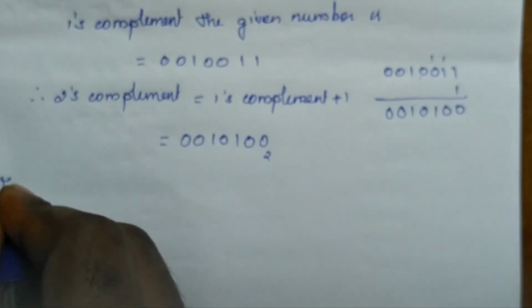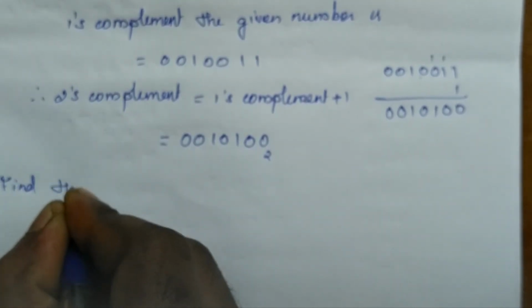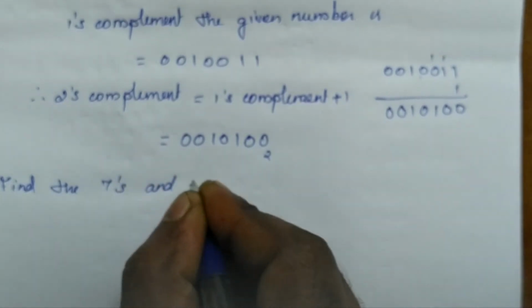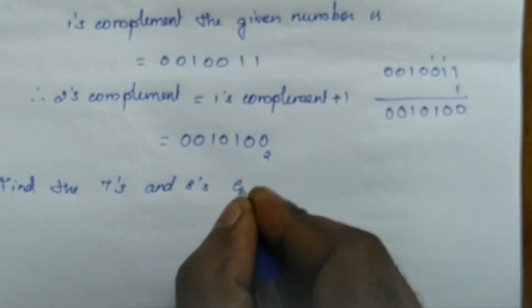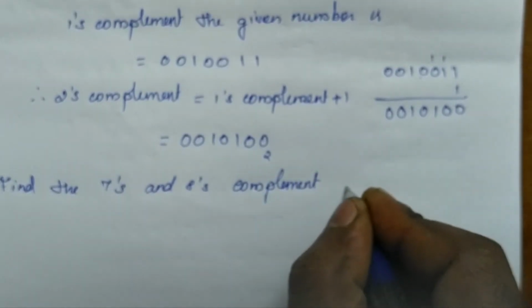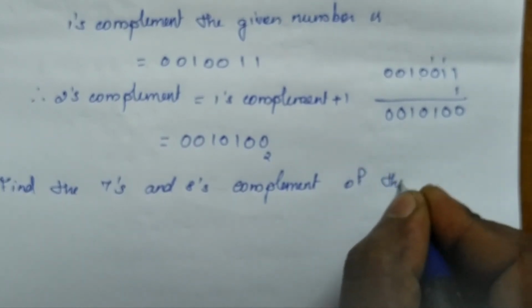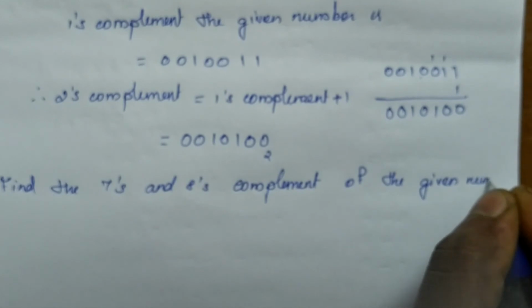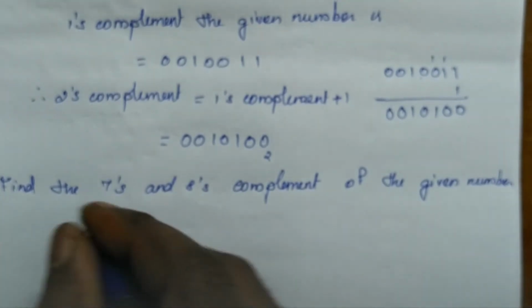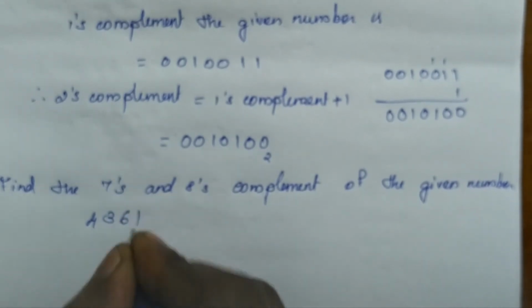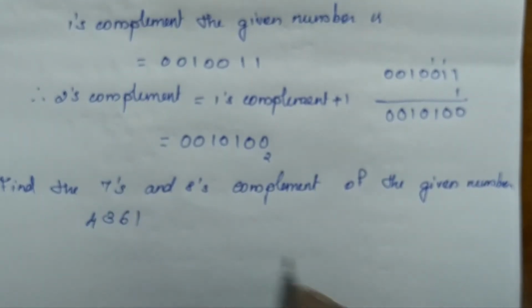Find the 7's and 8's complement of the given number 4 3 6 1.